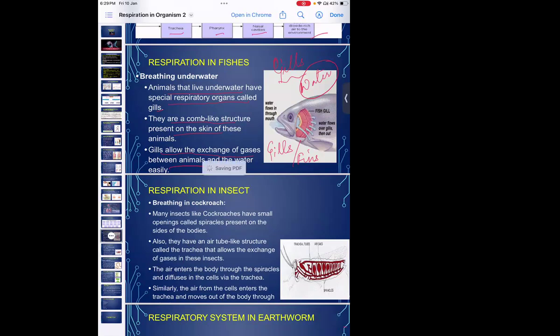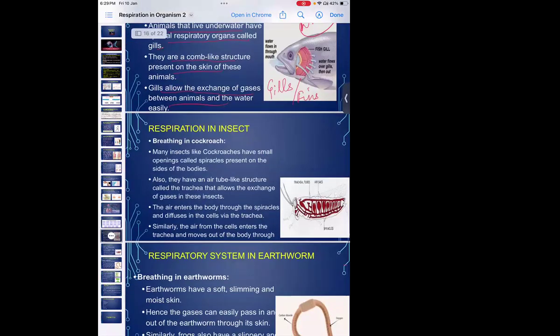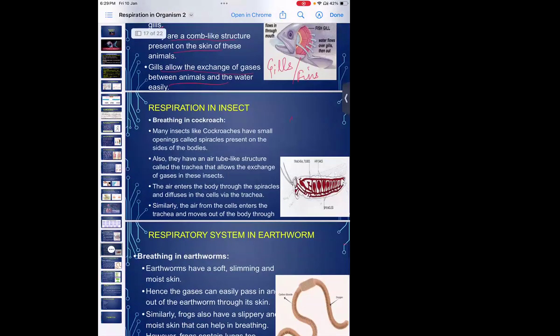Then the next one, respiration in insects, like breathing in the cockroach. So what do cockroaches have? They have spiracles on their body through which they take in oxygen and release carbon dioxide outside. Many insects like cockroaches have small openings called spiracles present on the sides of the body.